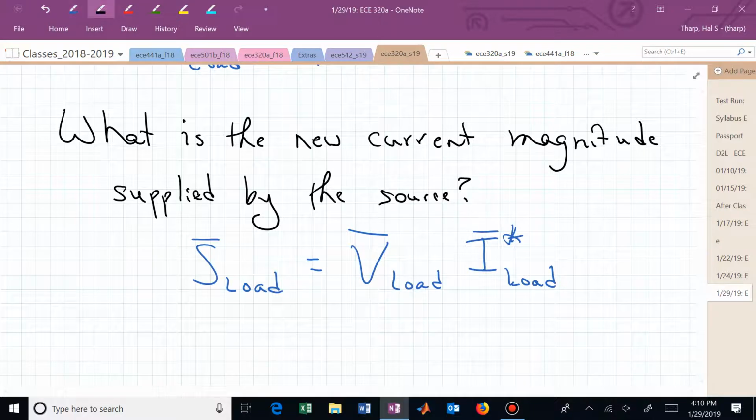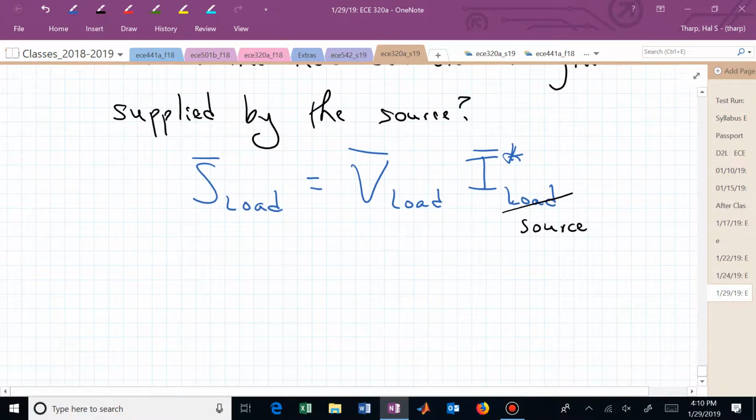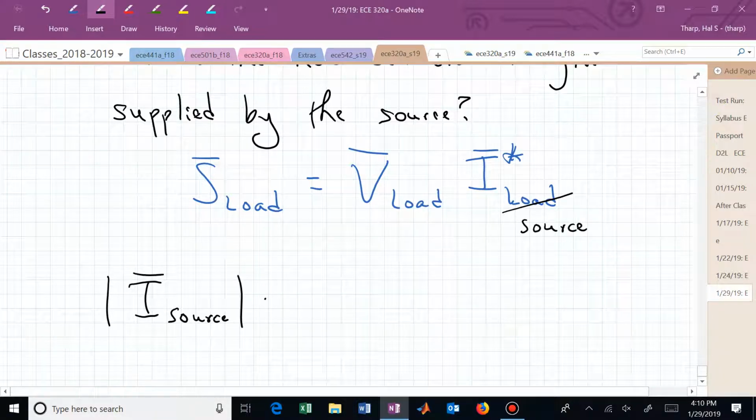But everything is in series, so this is really just the source current, and we know the magnitude of the load voltage because all these loads were in parallel, and that was given as 500. So now we know that the source current magnitude, again, we're just using apparent power.